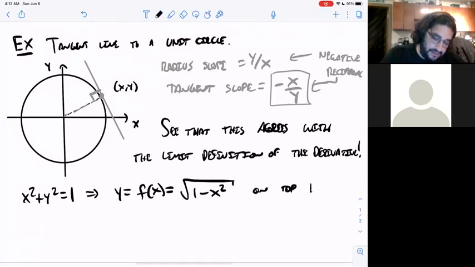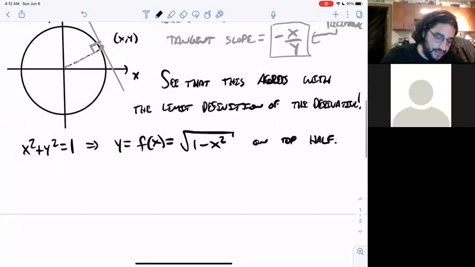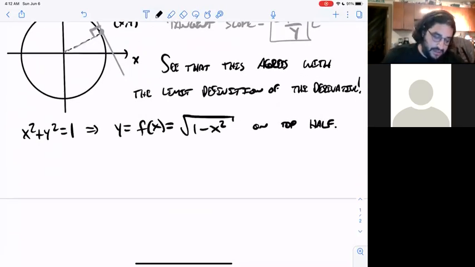Certainly on the bottom half, it'll be the negative square root instead of the positive square root. We'll just work with the top half of the circle. We'll see that it agrees up there. You could do a similar calculation for the bottom half. So there's that y. So now let's calculate this limit.